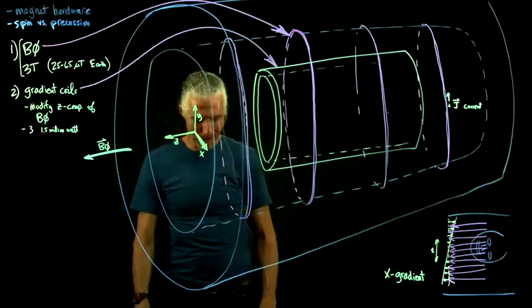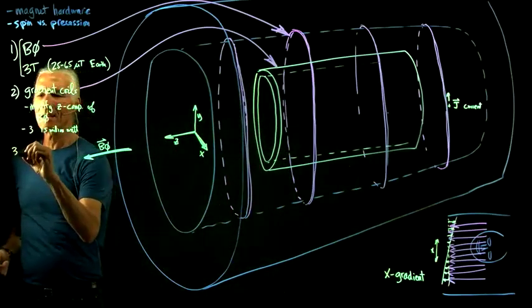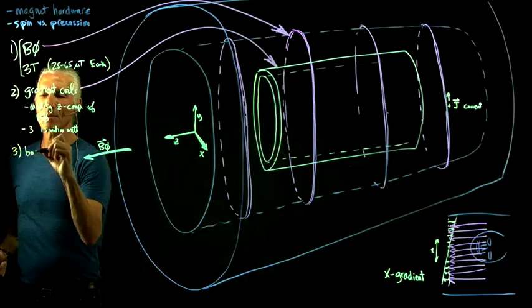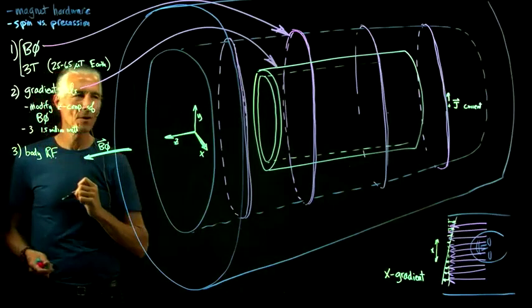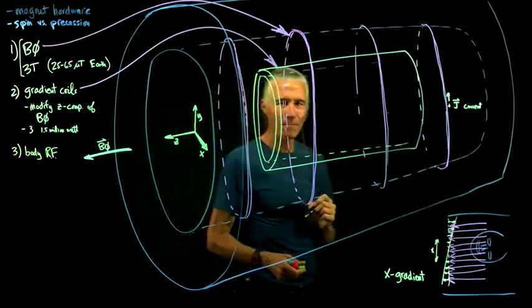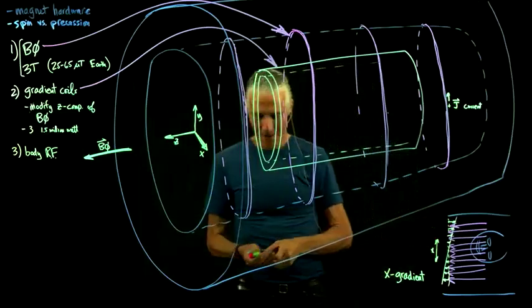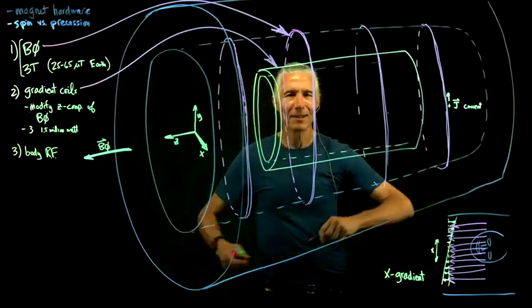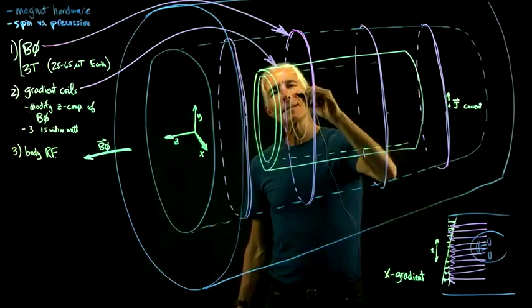Okay, so we haven't made any signal. So now we need the body RF coil. RF stands for radio frequency. This is yet another coil. This one basically forms the inside of the bore.